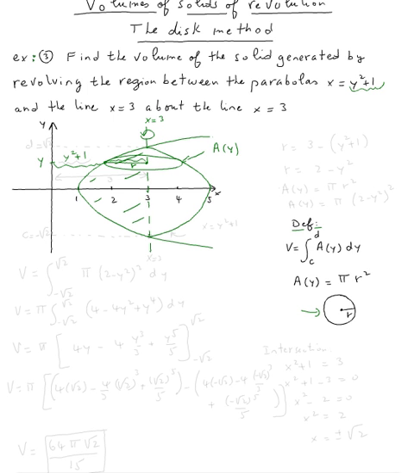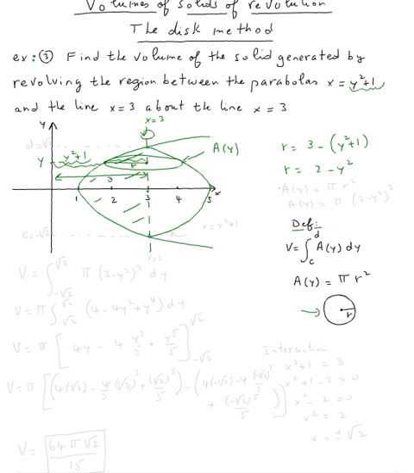In other words, we want all of this, which is 3 minus y squared plus 1. So r is equal to 3 minus y squared plus 1. If we distribute the negative, 3 minus 1 is 2, so r is 2 minus y squared.